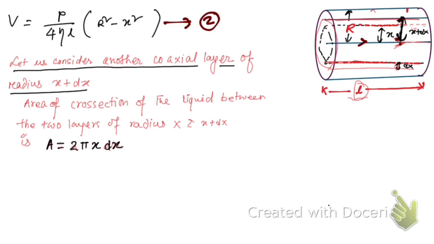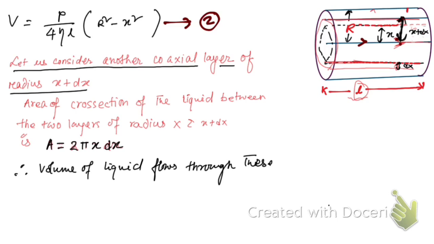So the volume of liquid that flows through these two layers per second, let it be dV, will be given by v into this area, 2 pi x dx. That's what we have got.